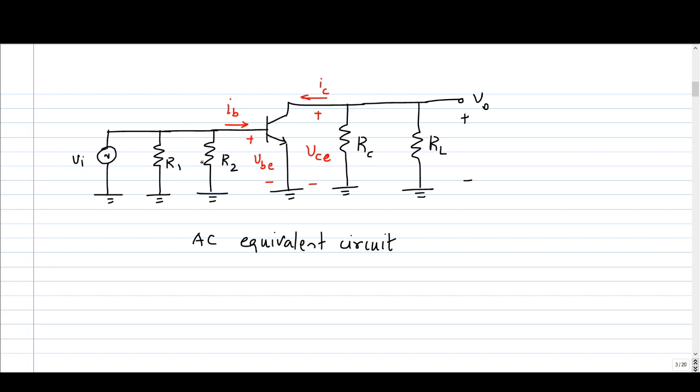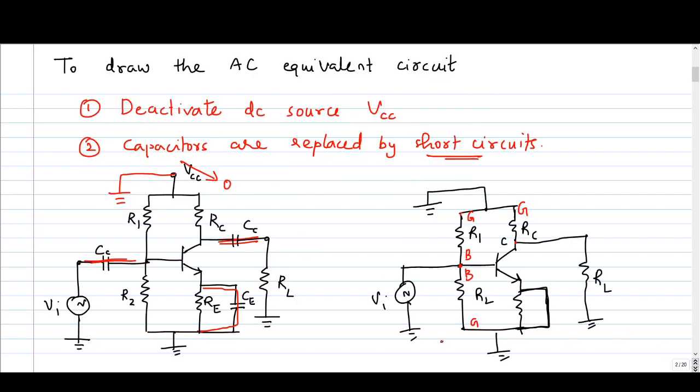Now R1 and R2 are in parallel and appear between base and ground, as we have mentioned. Then VI is applied between base and ground, as you can see in this circuit. RC is between collector and ground, and RL is also between collector terminal and ground, so both RC and RL are in parallel, as shown here.